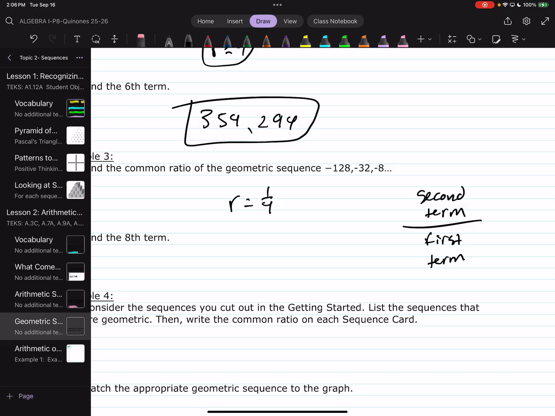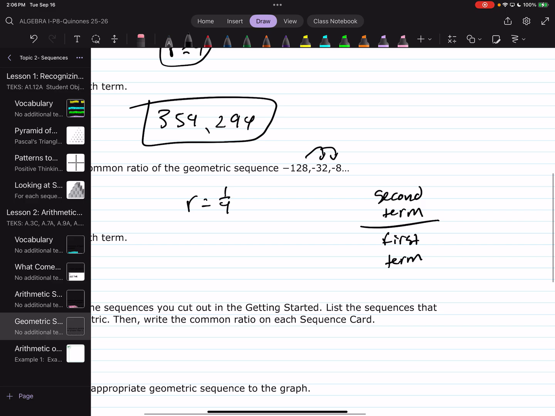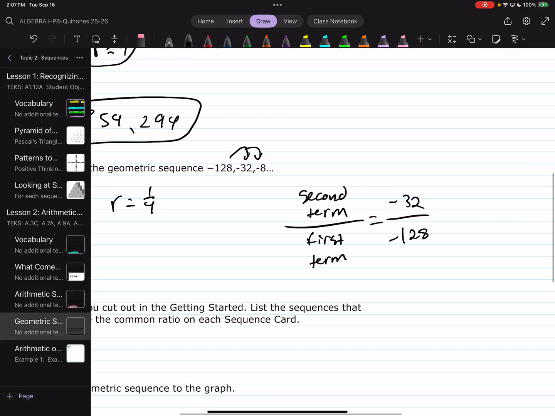This will allow you to get some type of ratio, right? And then use that ratio to see if it follows the rule. So the second term is negative 32. The first term is negative 128. When you put it into your calculators and you reduce it all the way, you get 1 divided by 4.